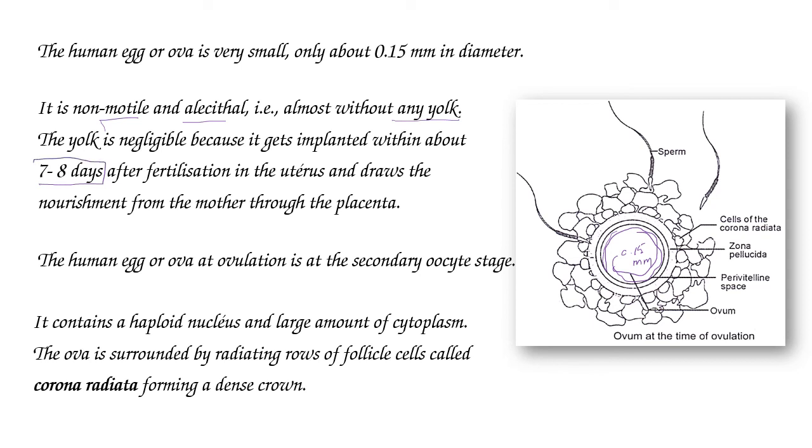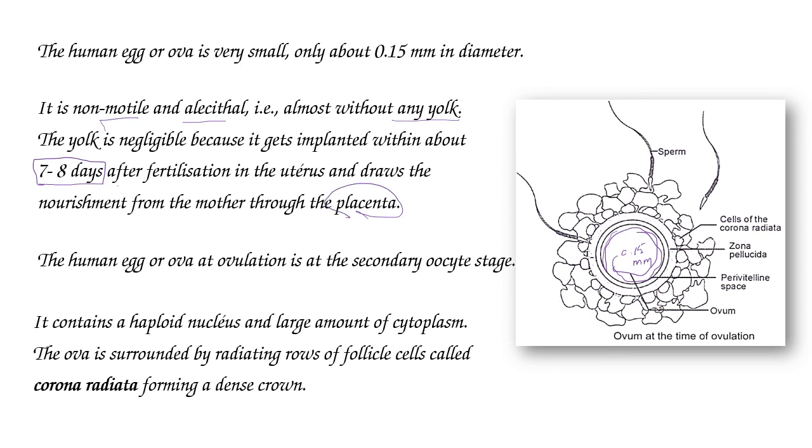That's why the reserve food content is negligible in the egg or ova. So after fertilization, the fertilized egg is implanted on the uterus endometrium, that is 7 to 8 days, and from implantation it starts to get the nutrients from the mother through the placenta.